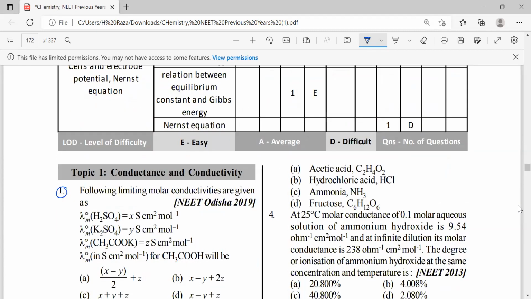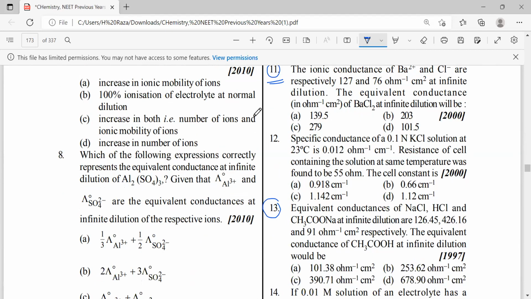Very good. It's the right answer, Hamza. Now attempt question number 13.